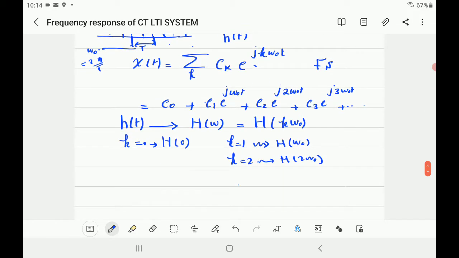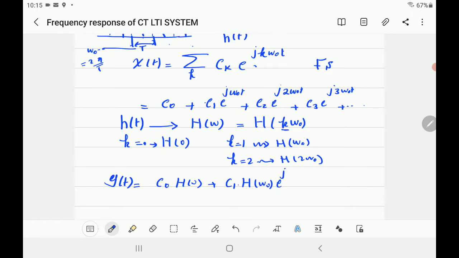If you have x of t like that, you multiply each component by H. So the output y of t is: C0 H0, plus C1 H of omega naught e to the power of j omega naught t, because you put k equal 1.